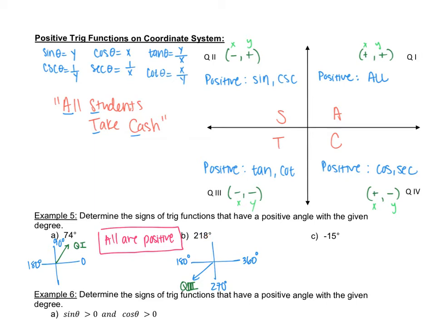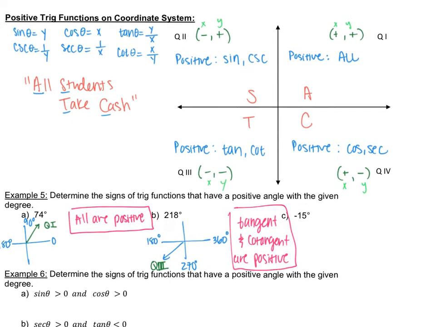So that means that this would be representing tangent. So the only thing that can be positive here is tangent and its reciprocal, cotangent. So I'm going to write that down. So tangent and cotangent are positive. Sorry for my scribbly handwriting.